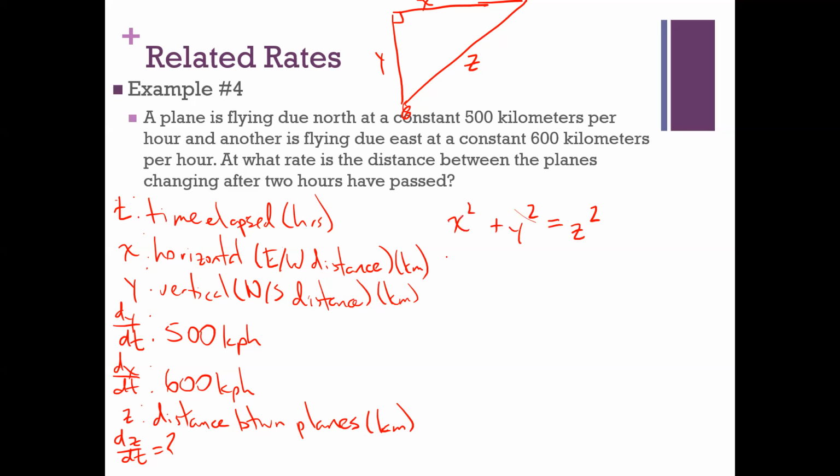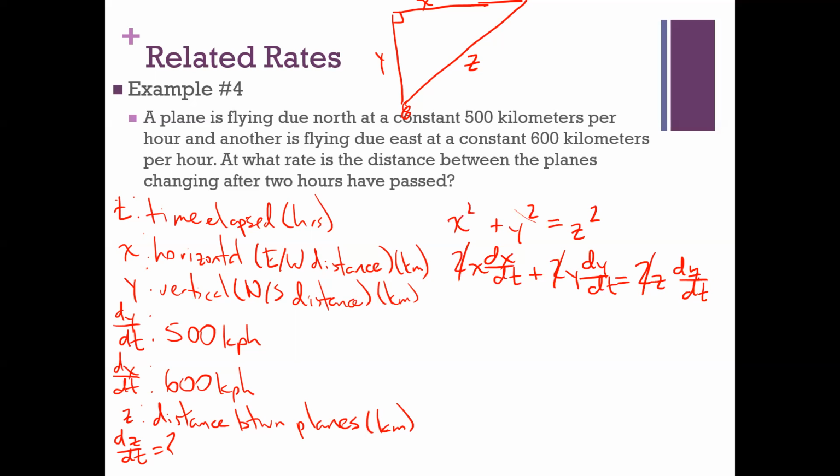Two x times dx/dt, 2x dx/dt, plus 2y dy/dt equals what? 2z times dz/dt. And I'm going to divide through by 2.